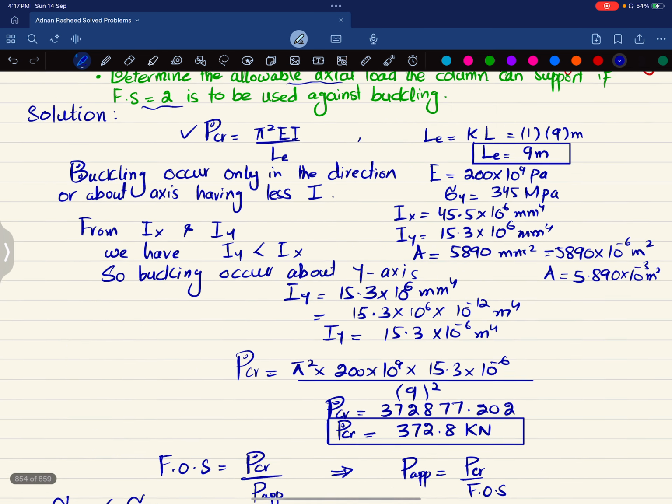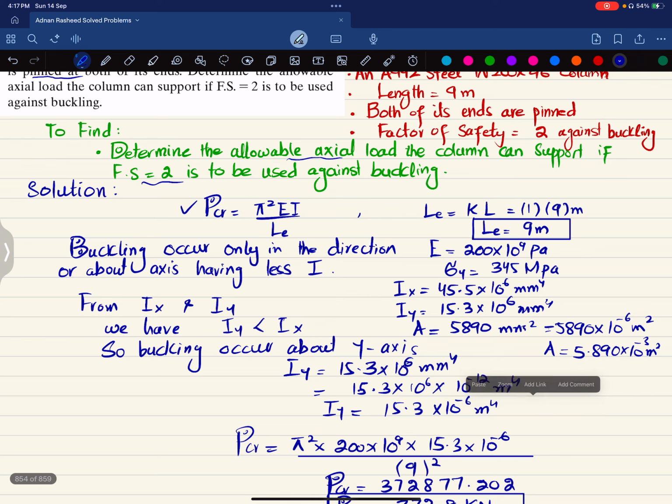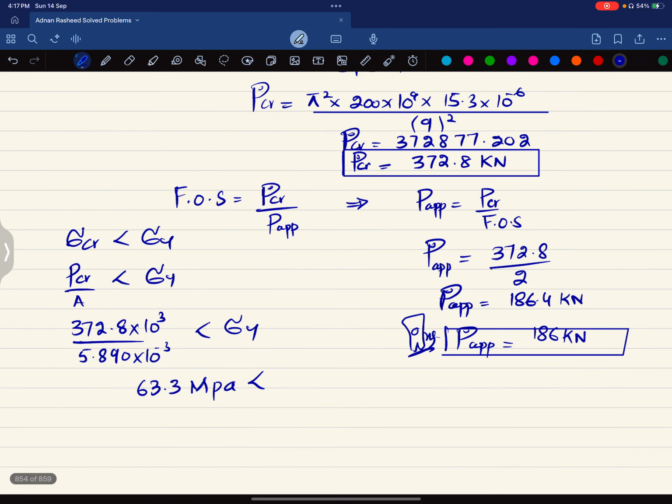So yield stress, you can see, let me show you where I have written, yield stress is 345 megapascal. So it means that our answer 186 is correct, and Euler formula is valid.